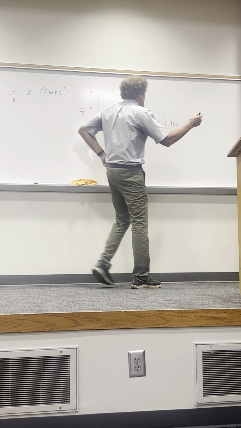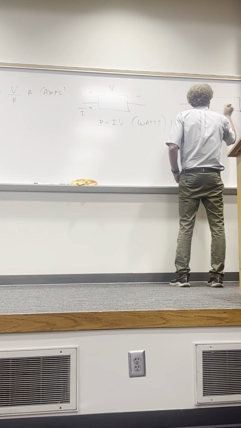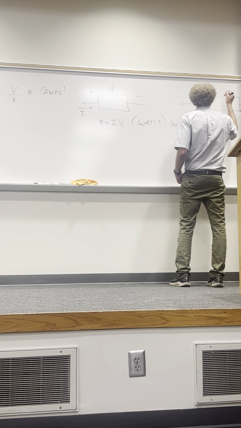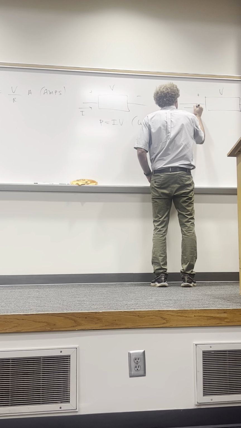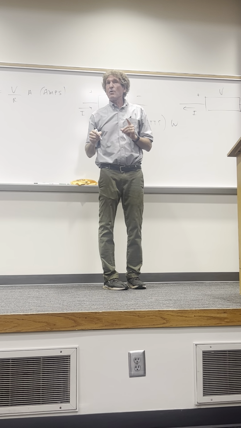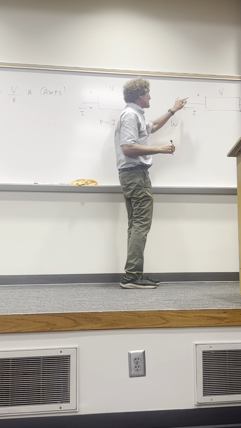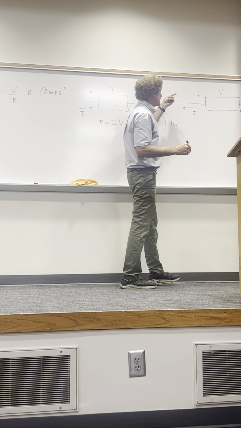Now, if you have a voltage source, but I didn't say it's a source, and now I have plus to minus voltage, but the current is leaving the source. The way you always get power is you find the positive terminal of the voltage on that element, and you take a look at the current.